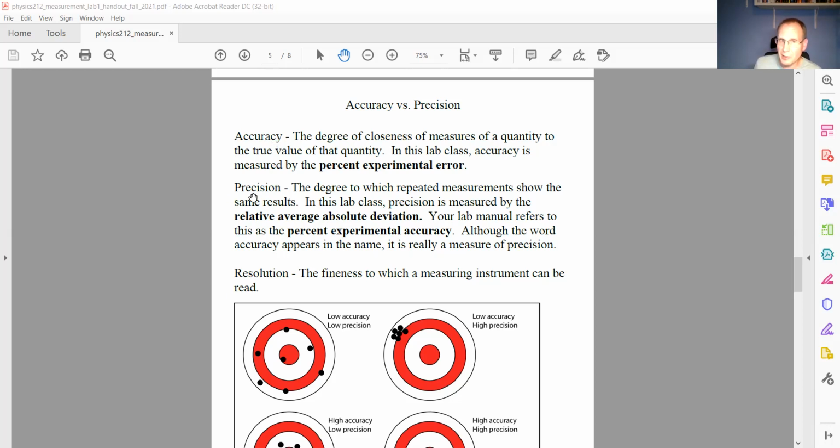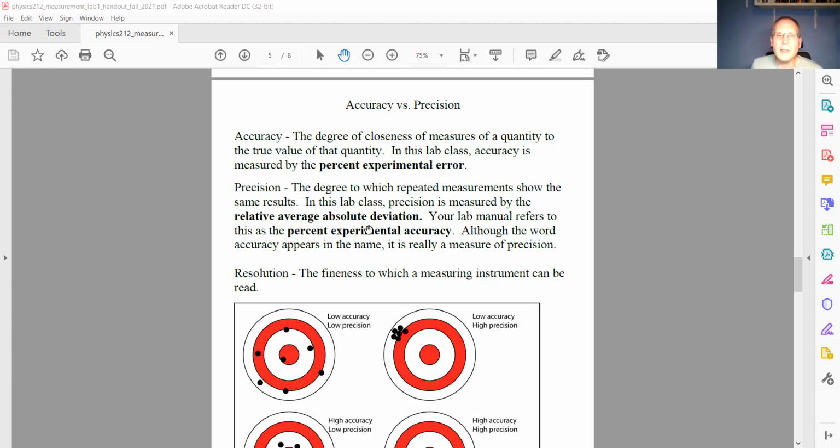It's a measure of precision, a measure of the variability. So it's a little unfortunate. Terminology changes over the years, so at some point we're going to need to change that in the lab manual. But even though it's still called percent experimental accuracy, it's really a measure of the variability, a measure of the precision. It's the relative average absolute deviation. It's what we're calling percent experimental accuracy.